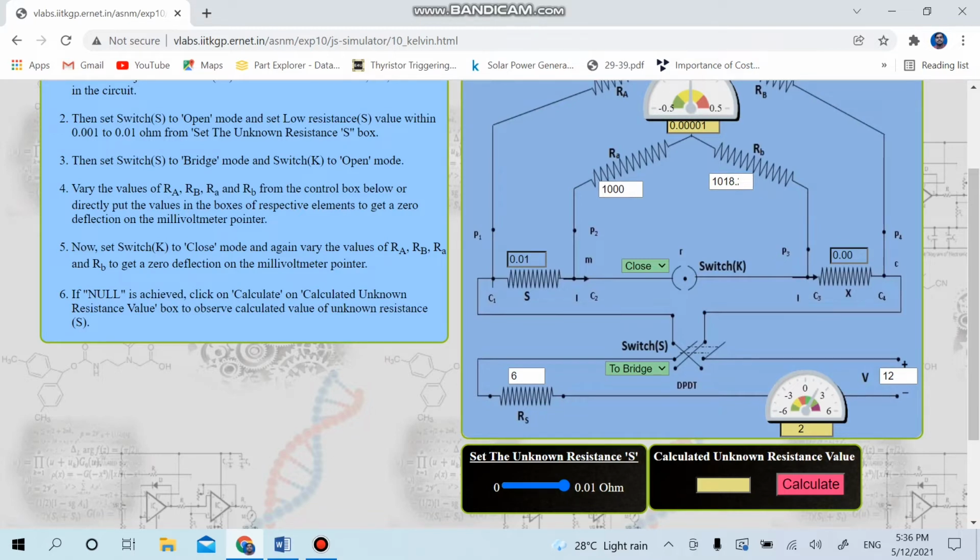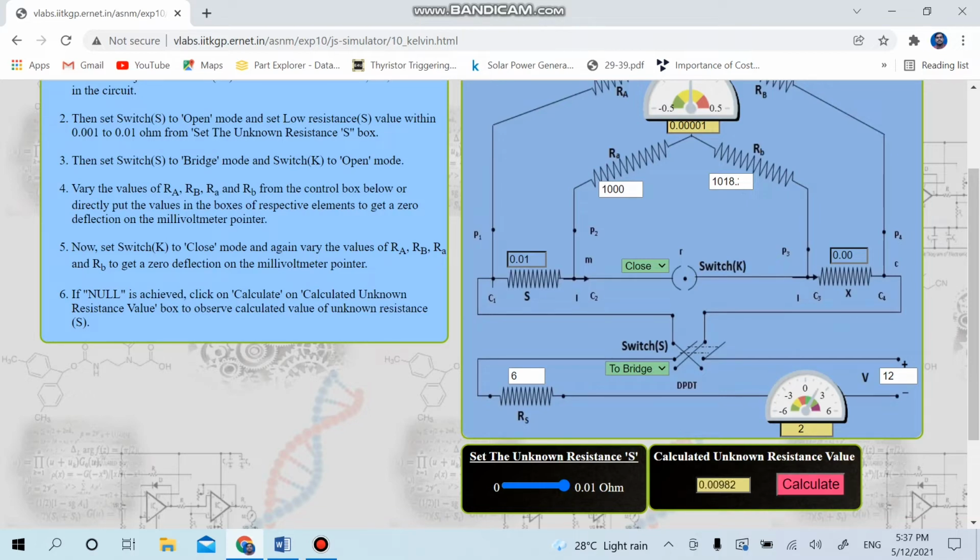So this was the closest value to 0, which is when the resistance RB was 1018.20 ohm. Since we get the closest value, which is 0.001, we can calculate the unknown resistance value, which is the Rx.